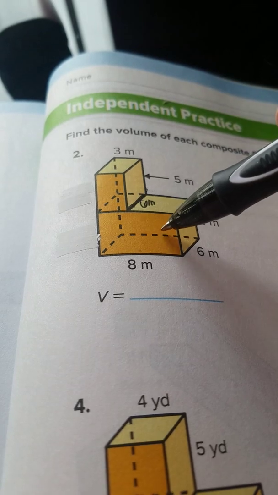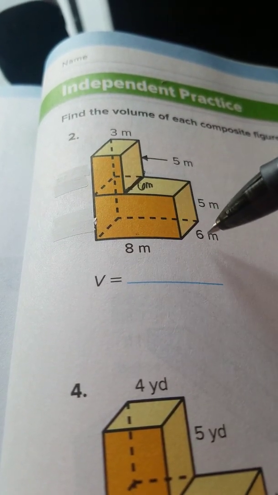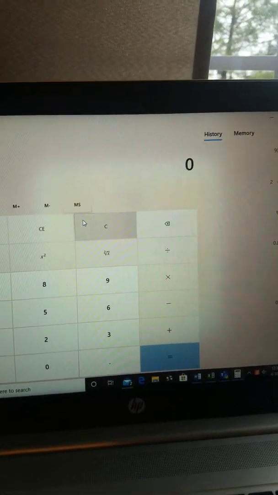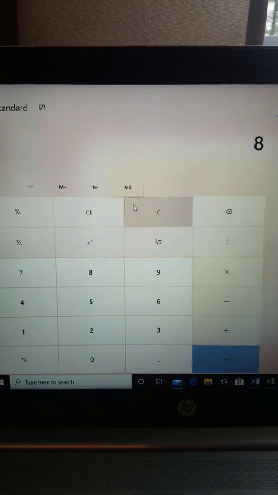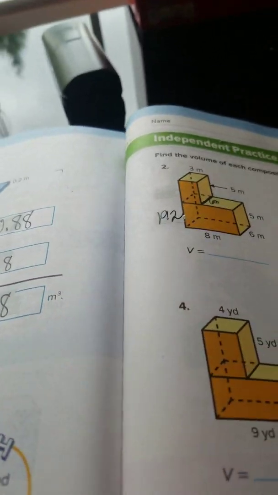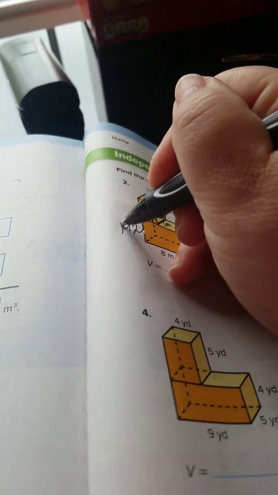Let's do the big rectangular prism here on the bottom. So it's 8 long times 6 wide times 5 high. 8 long times 6 wide times 5 high. This one is 192. Oh, you know what? It's not 192.